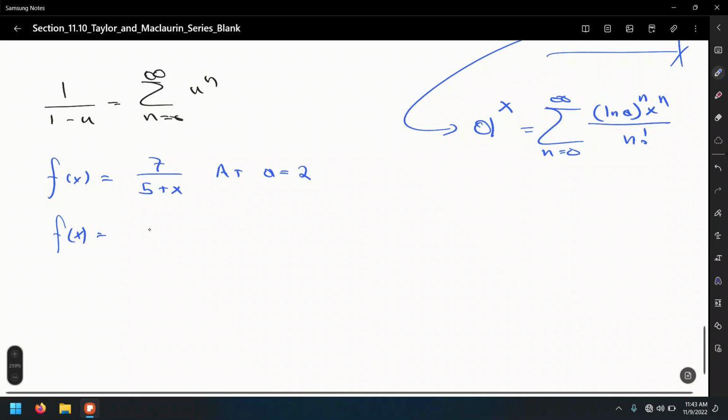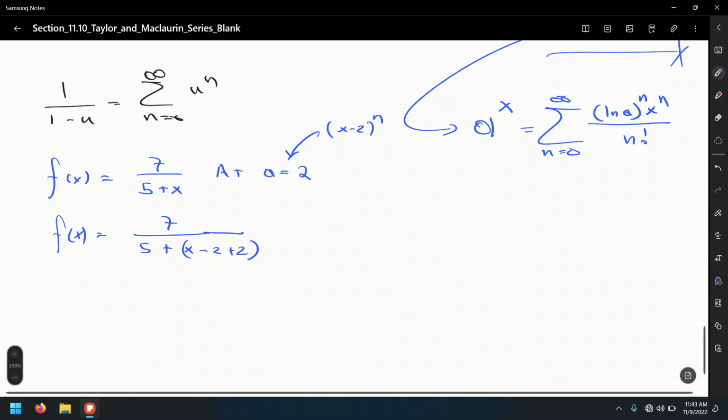F of x equals to 7 over 5 plus x, how about minus 2 and plus 2? That's the special version of 0 we did before, but in this case we do it to match the center a equals to 2, which implies we're going to have some x minus 2 to the n power in our series.